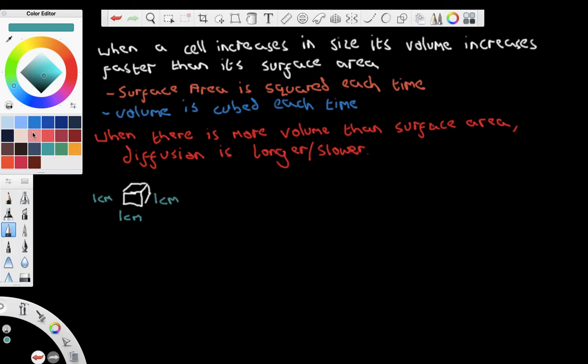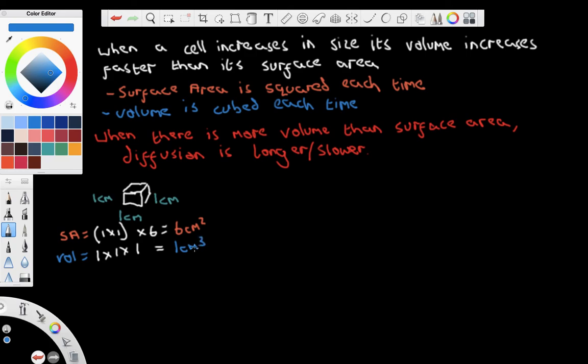If we work out its surface area, the surface area of this cube is 1 times 1 times 6, which gives us a surface area of 6 centimetres squared. Our volume, on the other hand, is 1 times 1 times 1, which gives us a volume of 1 centimetre cubed.